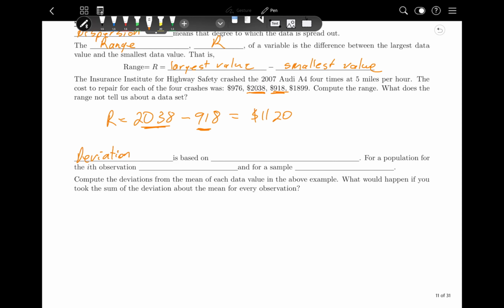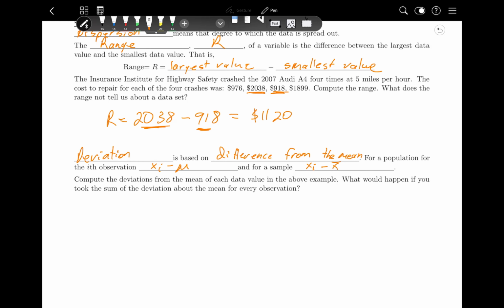Deviation is based on difference from the mean. So how far are you from the middle of your data? For a population, for the ith observation, it's x sub i minus mu, and for a sample, it's x sub i minus x bar that is how we find deviation. So that's how far an individual data value deviates from the mean.